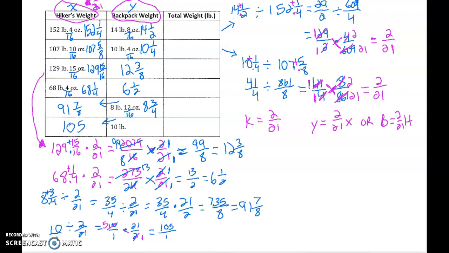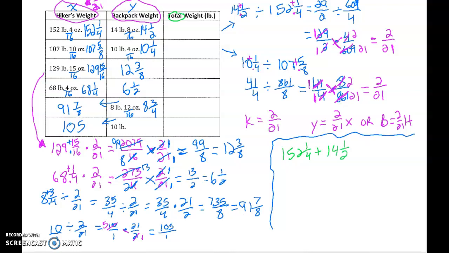The very last part of this, hopefully, is the easiest part. In this part, we're just going to add. The reason we're going to add is because it wants the total weight. If I want a total weight of something, I add them. So I'm going to take 152 1/4 and add that to 14 1/2.